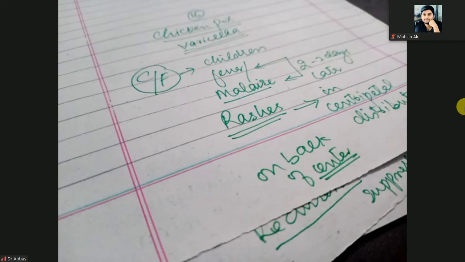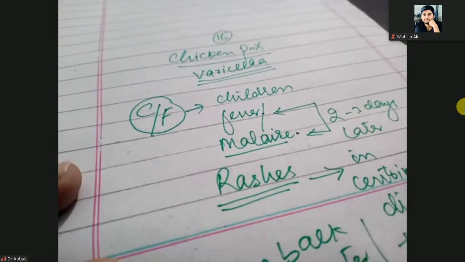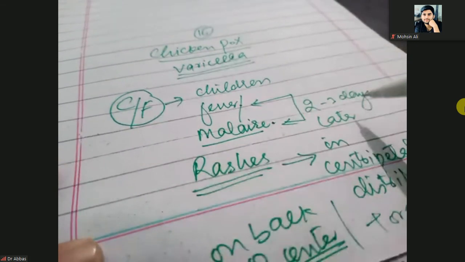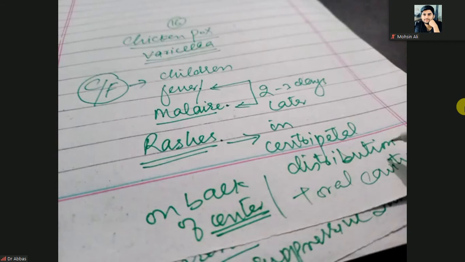So initially children will come with fever and malaise. After 2 to 3 days, there will be rashes, centripetally distributed on the body.